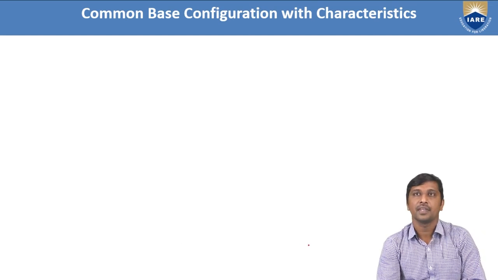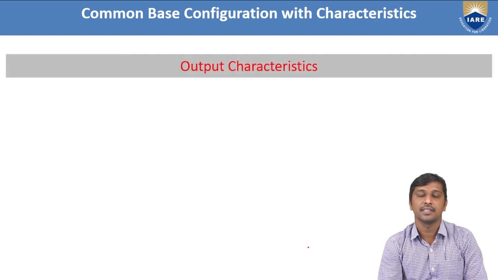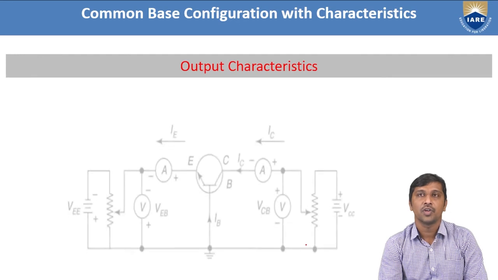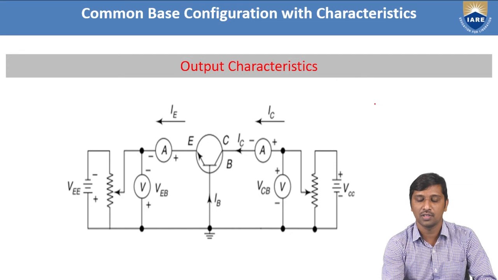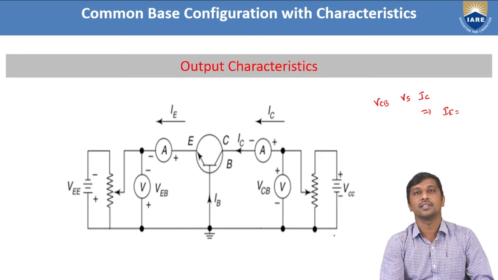Similarly, coming to the output characteristics, how do we plot them? The output characteristics are plotted between VCB and IC by keeping the input current constant. Here the input current is IE, so we need to maintain IE constant.